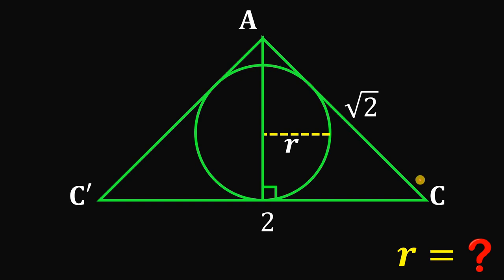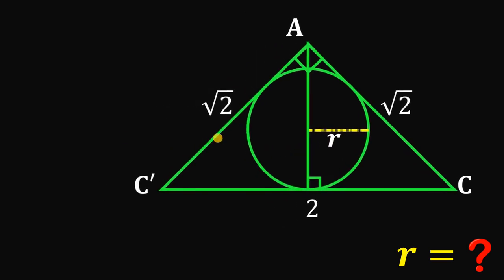Now, AC must also be equal to AC prime, so AC prime must also be equal to square root of 2 units. Take note again that this angle right over here is 90 degrees because we have 45 plus another 45 degrees.